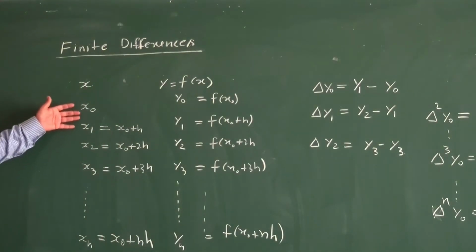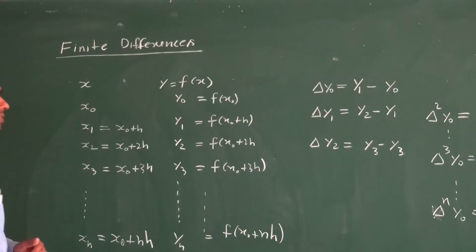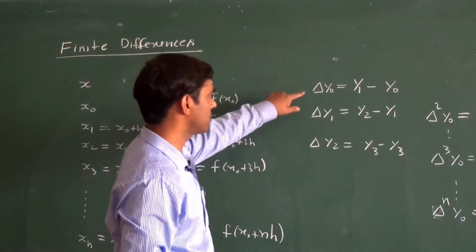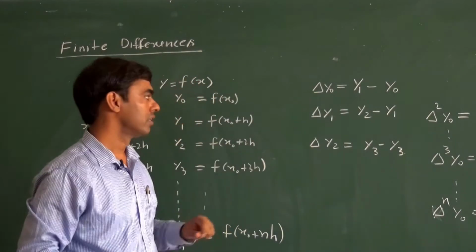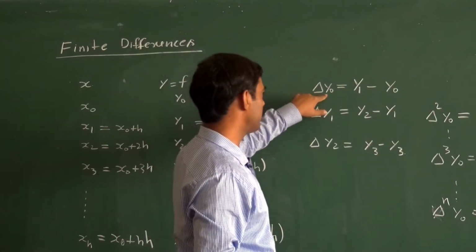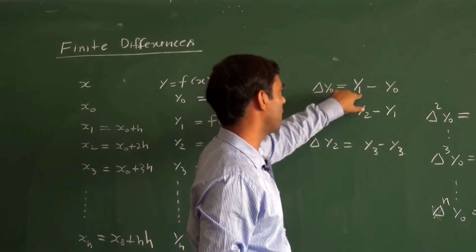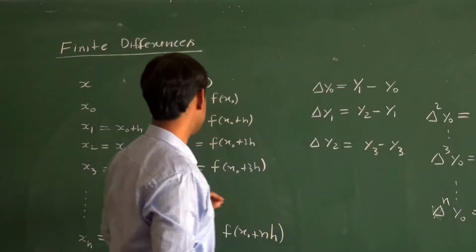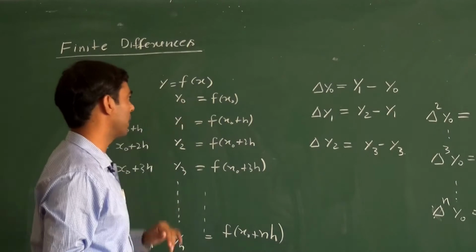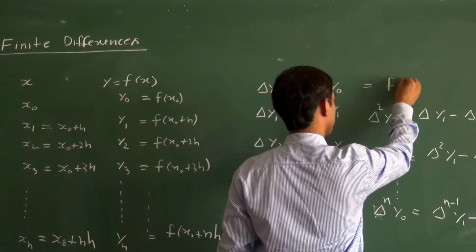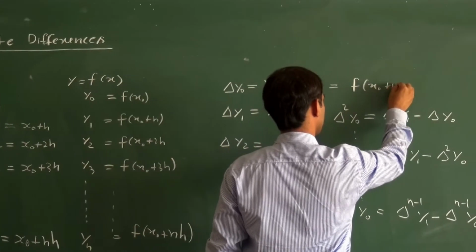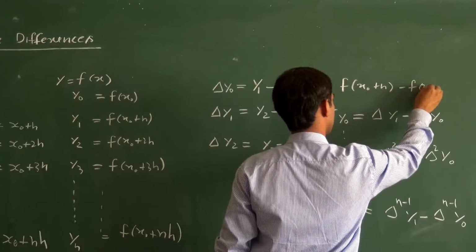If the data is given for an equal class interval, then this difference is called the forward difference. So the forward difference of y0 is y1 minus y0. If we write this in terms of f(x), this is f of x0 plus h minus f of x0.